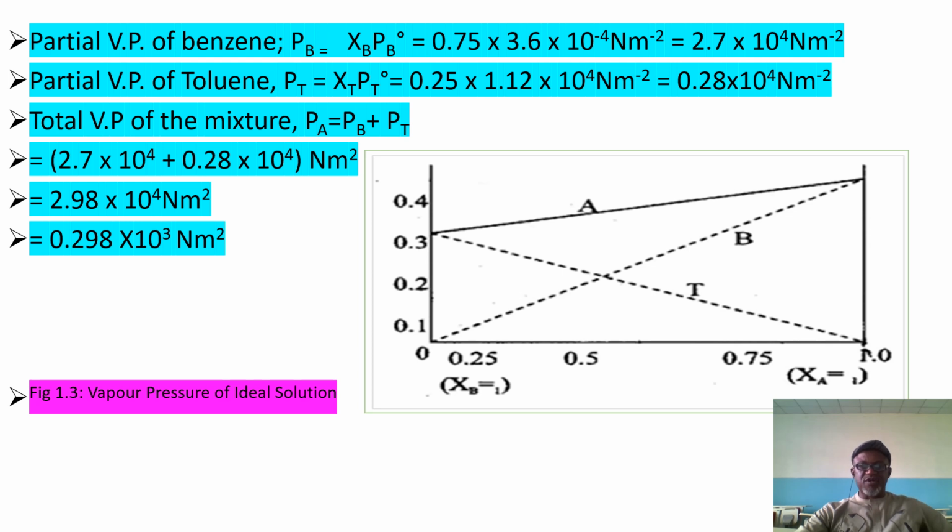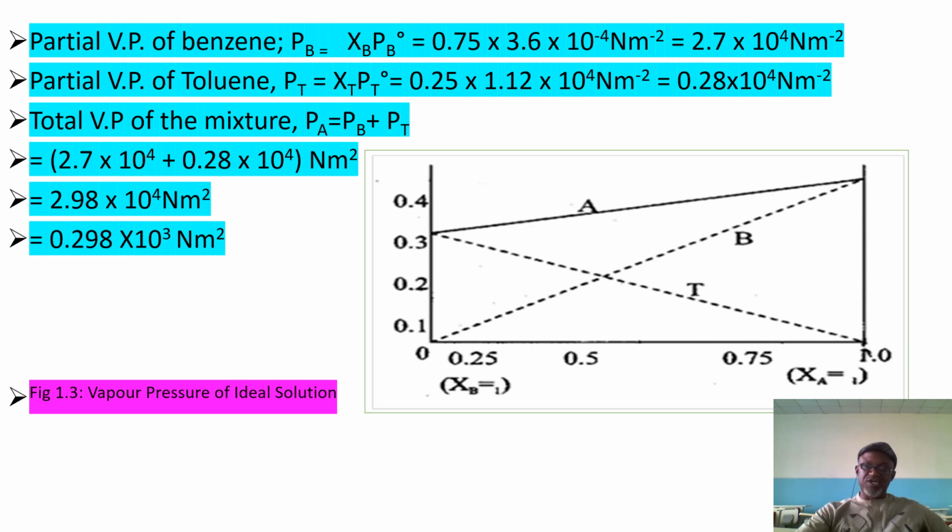It's possible for us to vary the mole fractions of the two constituents and calculate the total pressures. That gives us this graph here. B gives us the variation for benzene, and T gives us the variation for toluene. At any point, when you add the values for toluene and benzene, it gives us the total vapor pressure here.